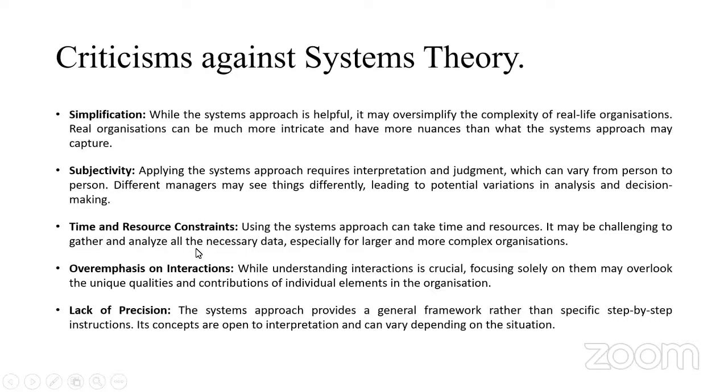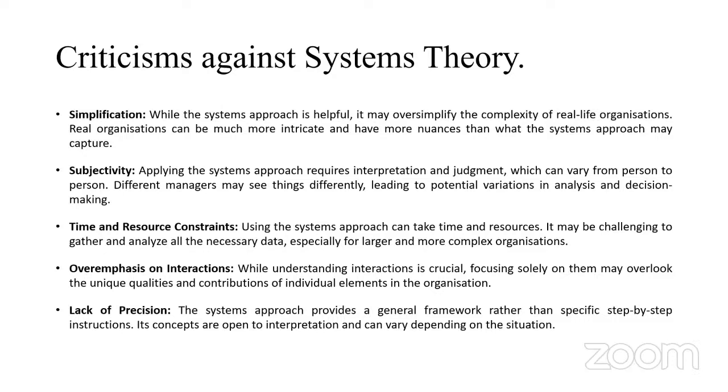Right. So one more criticism against systems theory is that there is too much emphasis on interactions. When you are focusing so much on interactions, you may overlook the other unique qualities or contributions of other important elements in the organization. And the last criticism against systems theory is lack of precision.